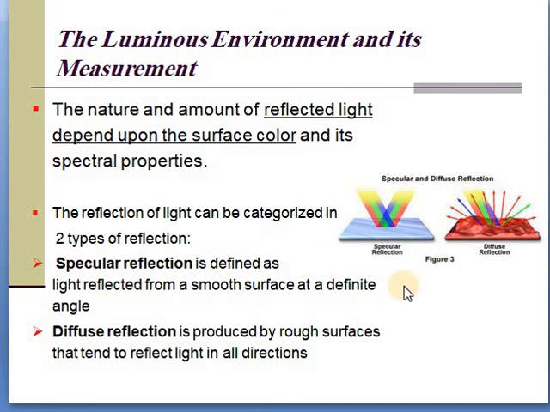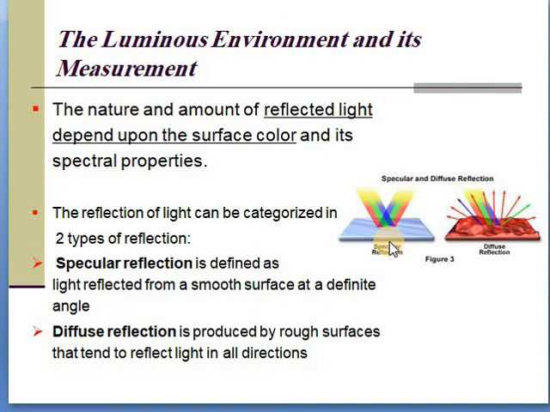Specular reflection is defined as the light reflected from a smooth surface at a definite angle. So you can see that parallel rays all bounce off at the same angle. For example, the surface could be a mirror, it could be the surface of a lake. You can see the reflection, for example, when you see your face over someone else's eyeglasses.